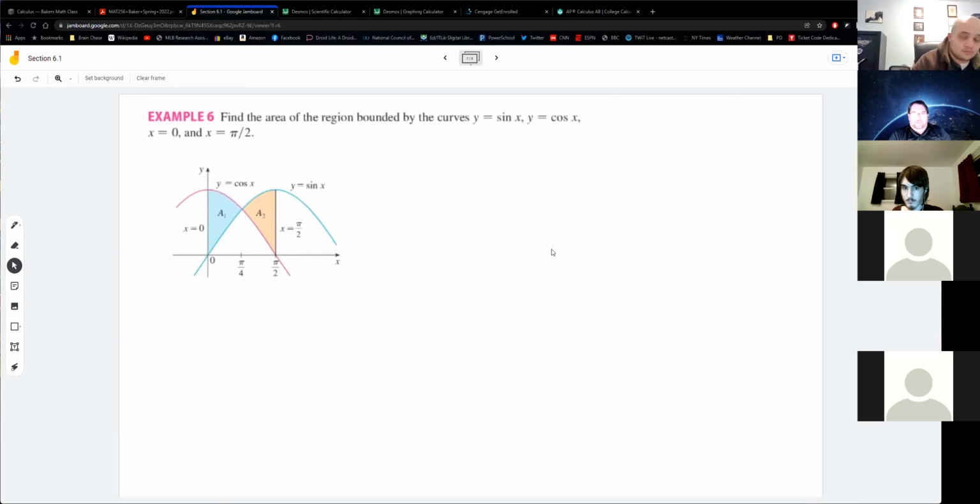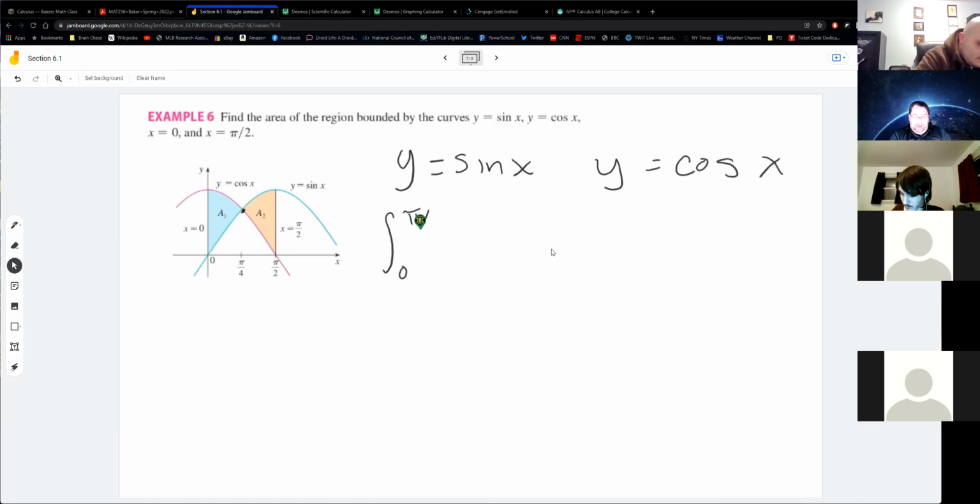So we've got these two curves. We've got y equals sine of x and y equals cosine of x. The first thing we have to figure out is which one's on top and which one's on the bottom. It changes here. From 0 to pi over 4, the cosine's on top, so from 0 to pi over 4, I'm going to do cosine of x minus sine of x.